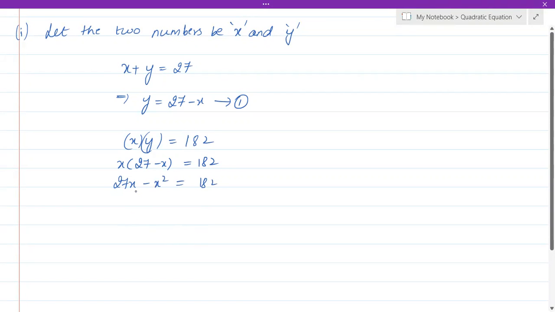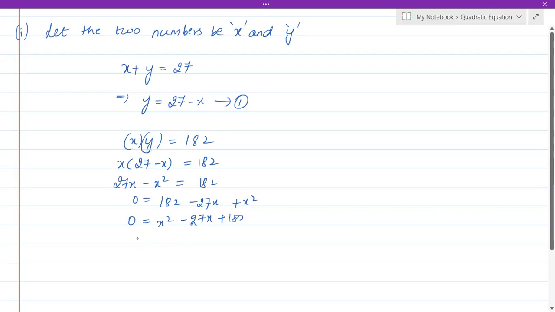I'll transpose everything to the RHS, right hand side, so the LHS will be completely 0. That gives 182 minus 27x plus x squared. If we rearrange this, x squared comes first, then minus 27x, then plus 182.